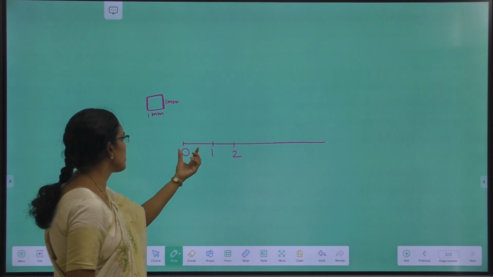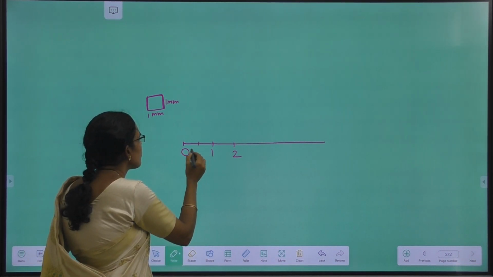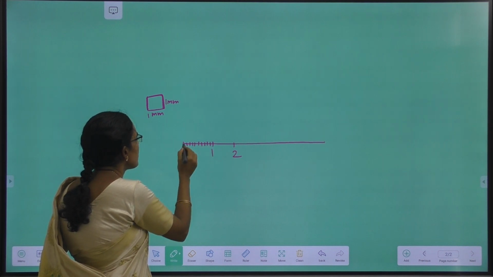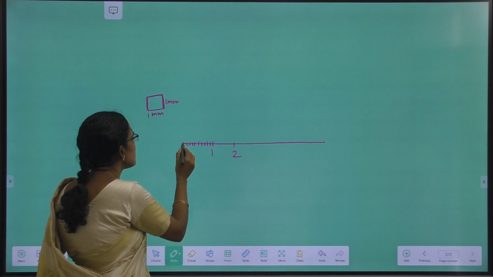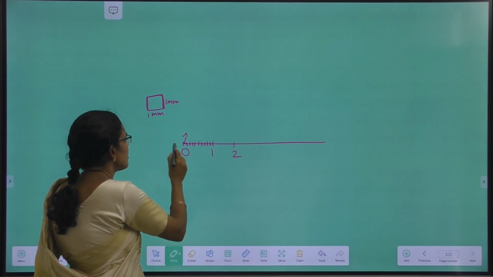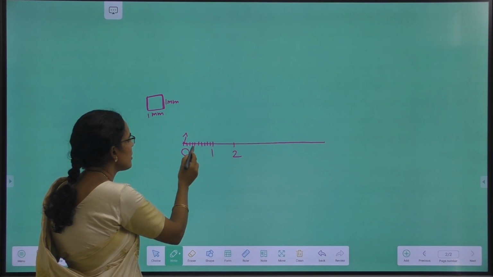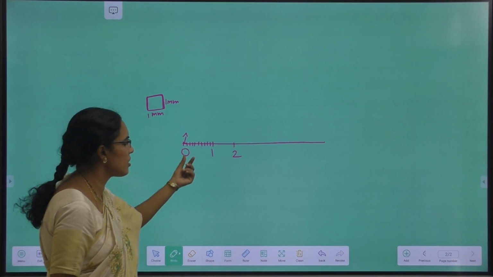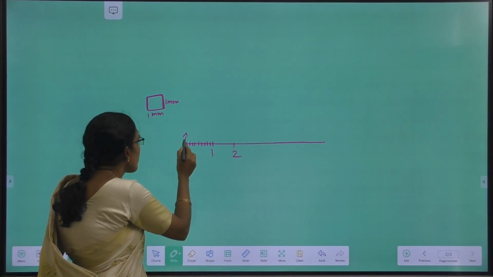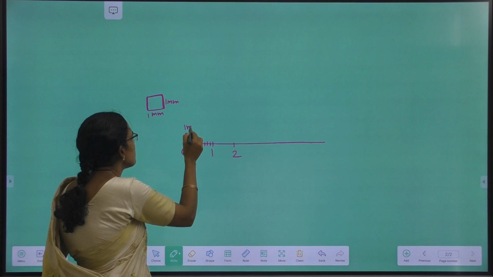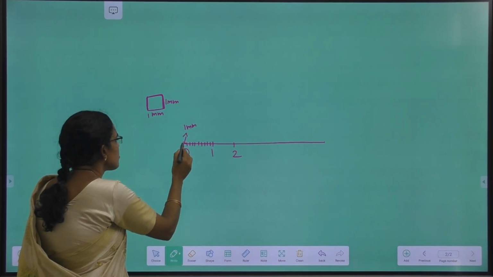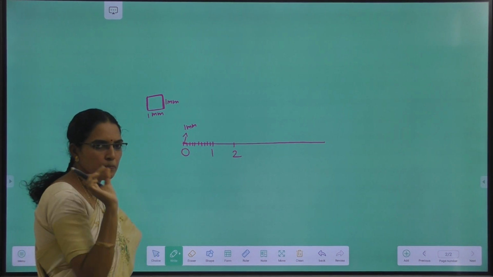If that 1 centimeter is divided into 10 equal parts, then each part is 1 millimeter. Here one whole, that is 0 to 1, I am dividing into 10 equal parts. If these markings are there in your scale also, then each small division is 1 millimeter. That is the 1/10 part of a centimeter. Imagine this much size, only smaller.